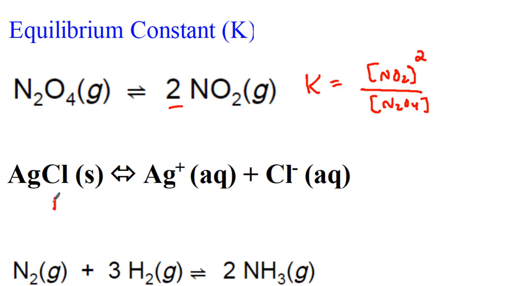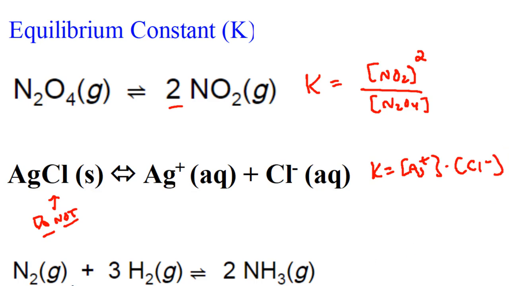This is a solid. We do not put solids or liquids in my equilibrium expression, only the aqueous or gases. So here we have K, and you can see we have silver positive 1 times chloride negative 1, and that is my equilibrium expression.